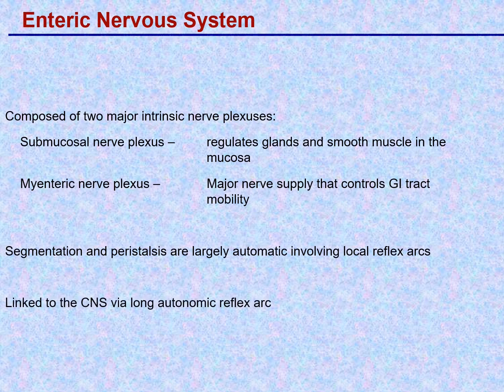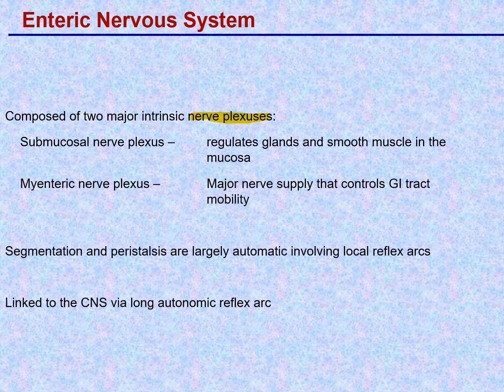Now, I did mention to you that there was a nerve system within the gut. It's called the enteric nerve system. These are nerve networks or nerve plexuses. I don't know if it's plexuses or plexi. Plexi would be the proper plural for this.